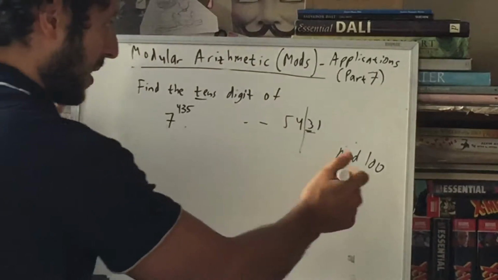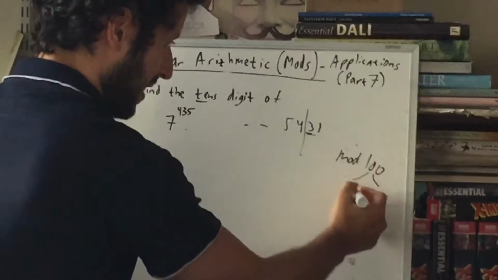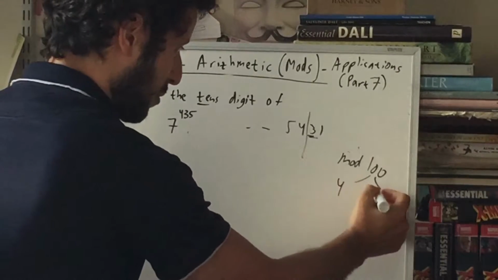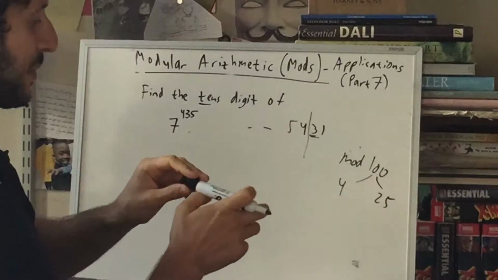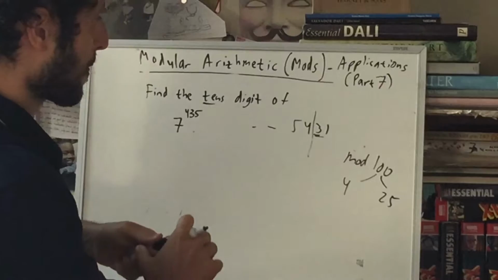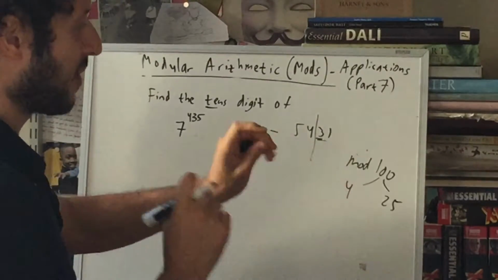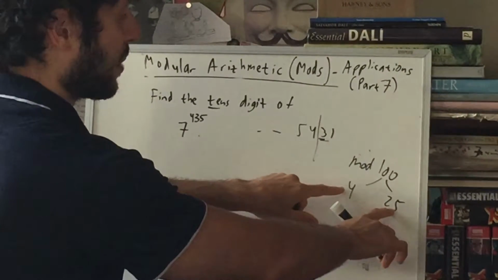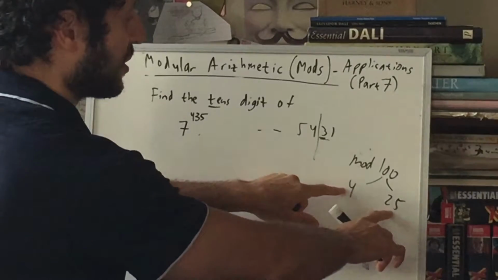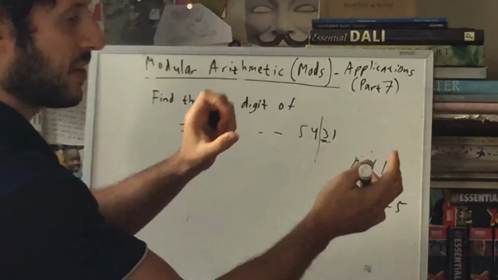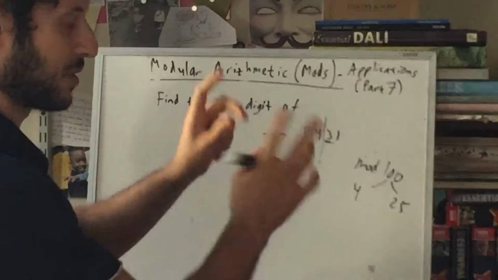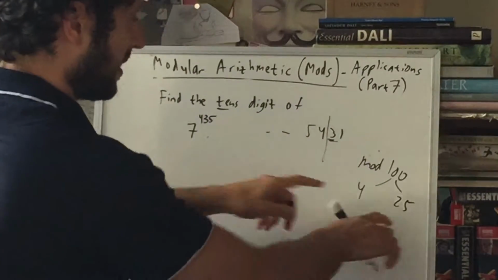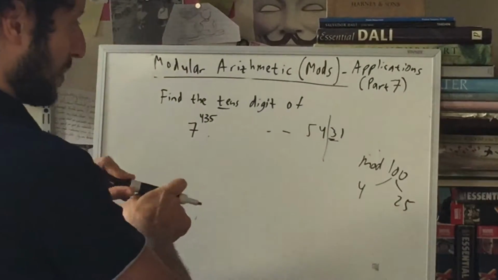So what we're going to do is split this into two parts, 4 and 25, related to the prime factorization. It's very important that you split it into two parts that are relatively prime. If you pick numbers such as 2 and 50, they have a factor in common, so you'd have an issue there. These have nothing in common in terms of the prime factorization.